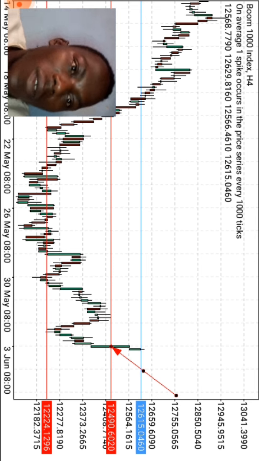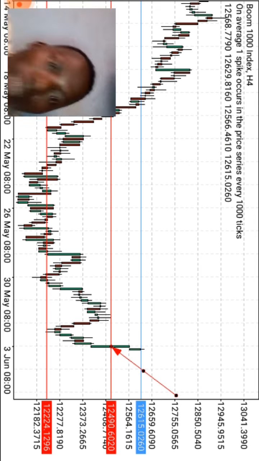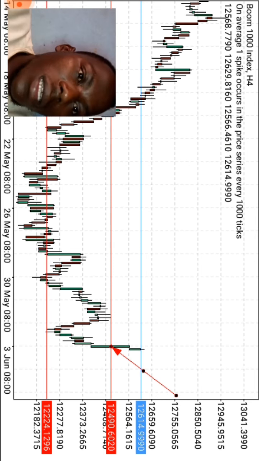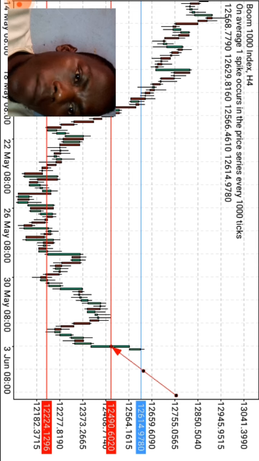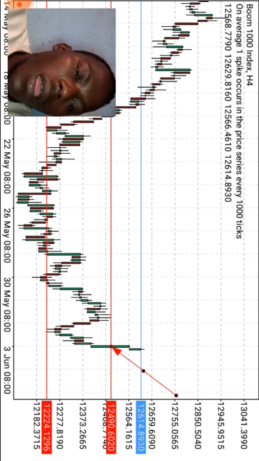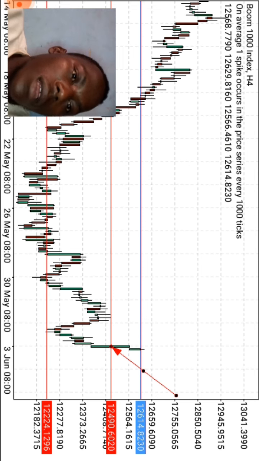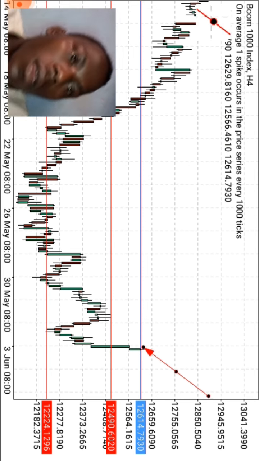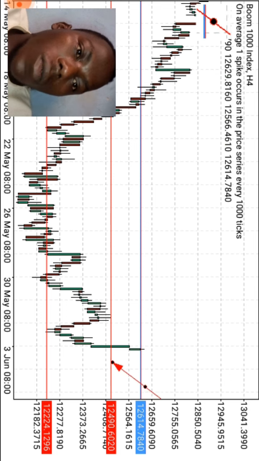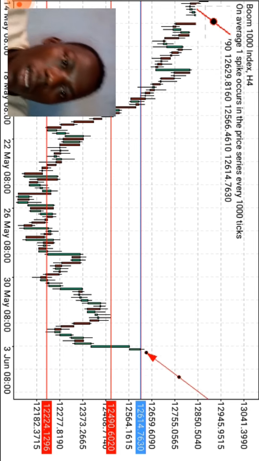However, guys, for me personally, according to the research I've done recently, M5 is good, but it gives you late entries, so I prefer using M1 for entering early into the market. Let me first use M5 to enter, then I'll also show you where the entry would be in case I'd used M1.